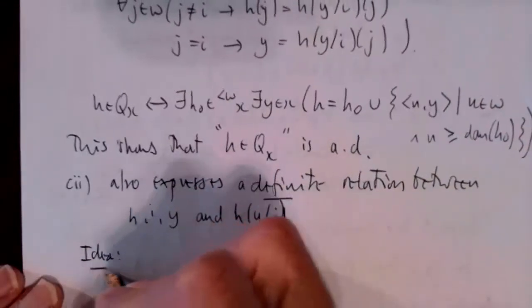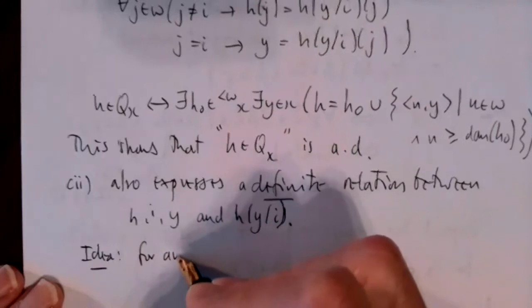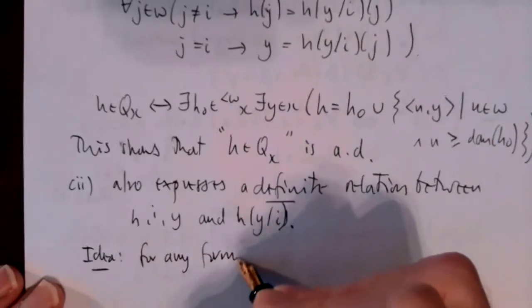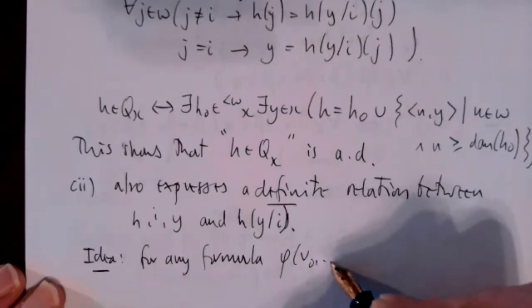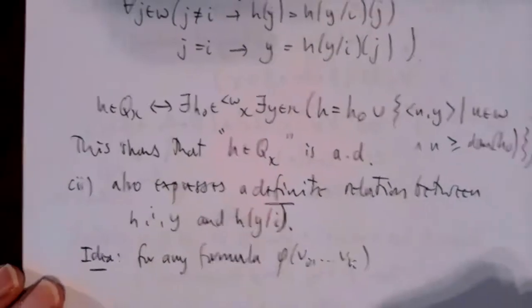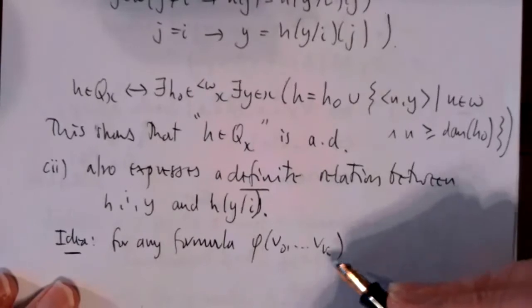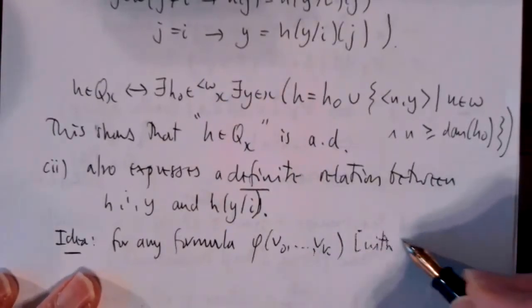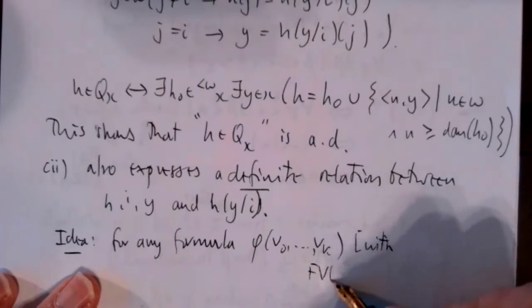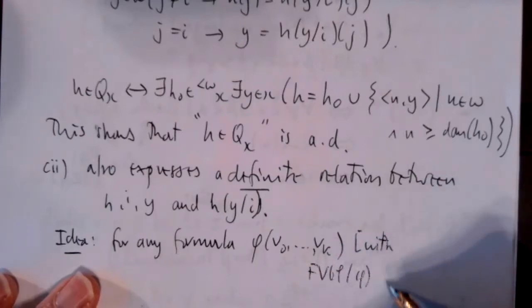So the idea is, for any formula phi, and maybe with free variables v0 up to vk, let's say the free variables of phi are contained in the set here.